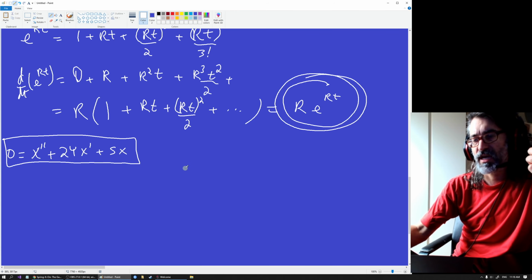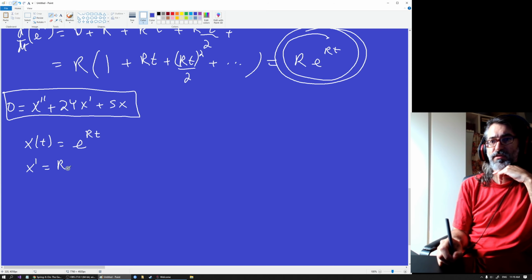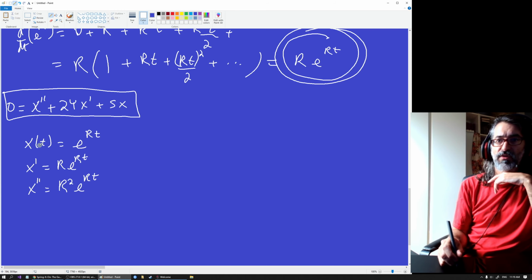And we just try it in there and see what happens. So first we find the derivatives, because we'll need it here and here. So x prime, we said when we find the derivative of this, it brings an r in front, r e^(rt). x prime prime, r squared e^(rt). So the first thing you do is find the derivative of your guess, you see r came here. We're trying to find the derivative relative to t, so that brings another r here.